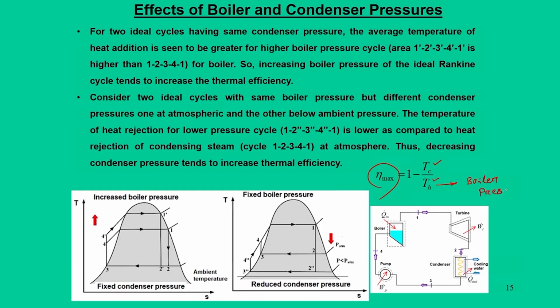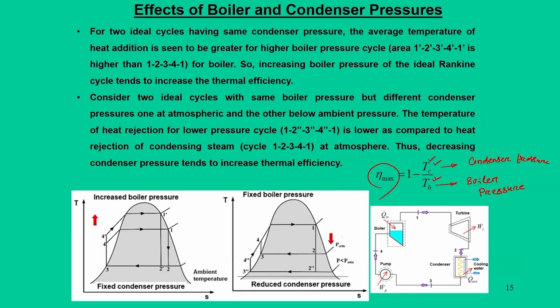This Th is the higher temperature of heat addition, which is dependent on the boiler operating pressure, and Tc is linked to the condenser pressure. So, our job is to reduce Tc or increase Th.